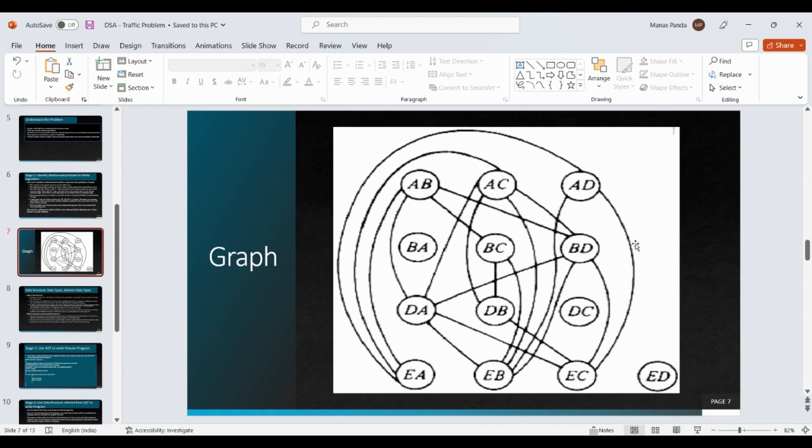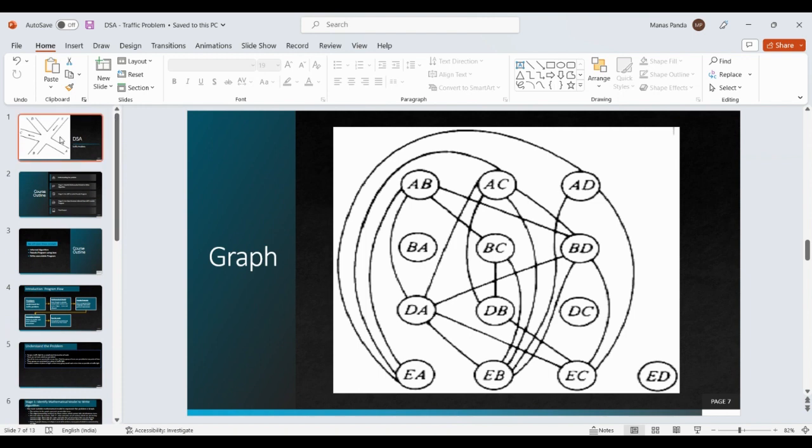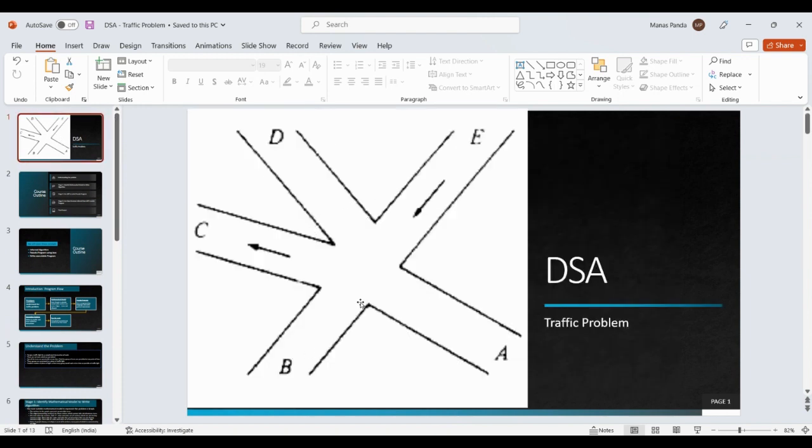BC? No. EA is connected to BD? No. So BC, BD, and EA. These three terms, for example, BC, BD, and EA. Just look at here. BC, then BD, and EA. If you look at here, these three are allowed.